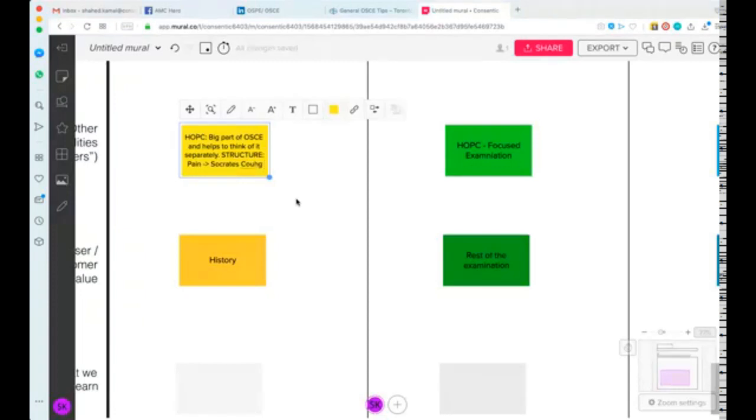If I have a cough, I would think of quantity, how it looks, if there's blood, if it's dry, if it's painful, and frequency, how often they're coughing.